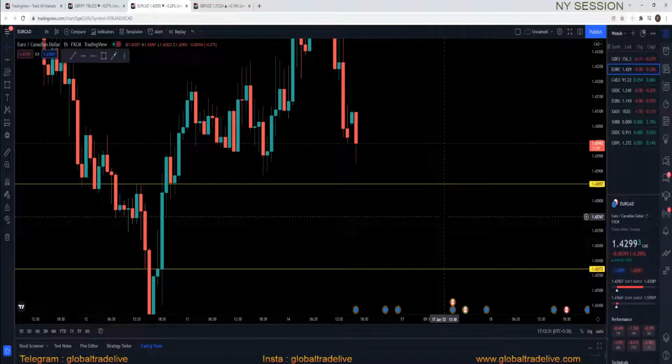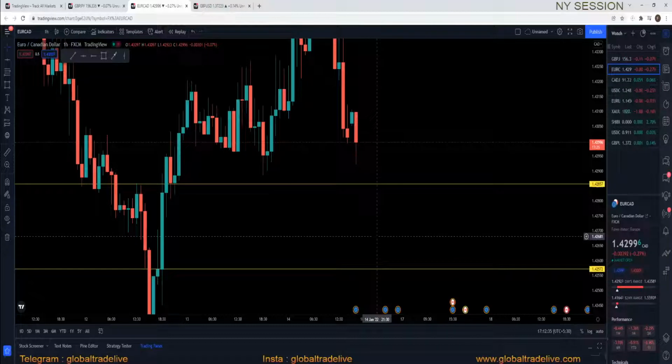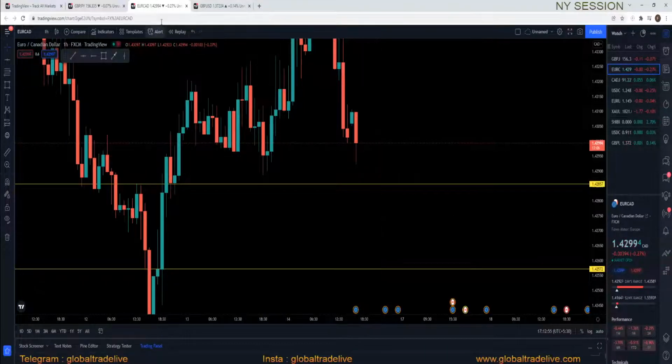Once we enter below 1.42857, that means the weekly and daily, let's not talk about monthly, we analyzed correctly, because according to me it should be coming down. So sells is the bias for me, and let's see what happens.